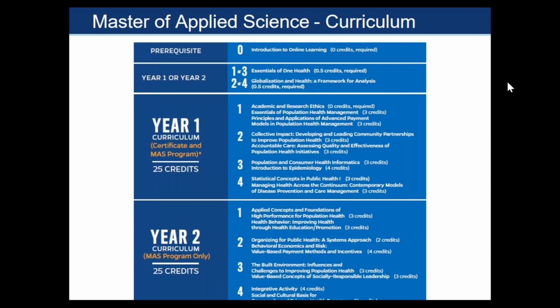That course is really thinking about how we can most effectively position our healthcare organizations to be effective cross-sector collaborators, particularly given the fact that many of our hospitals and health systems really haven't had to do that in the past. They've largely been focused on their acute care activities. So this is how do we position ourselves to be a more effective partner. And then I mentioned the integrative activity, which we'll take in the 4th term of your final year.